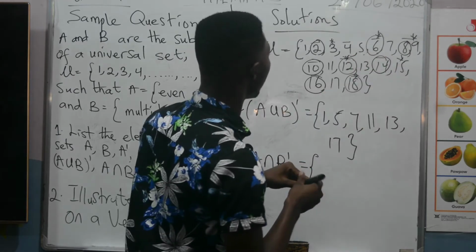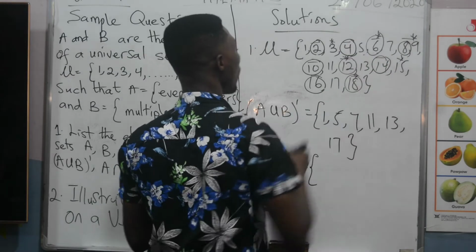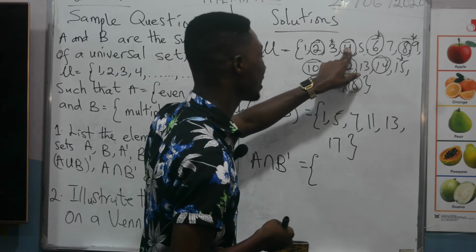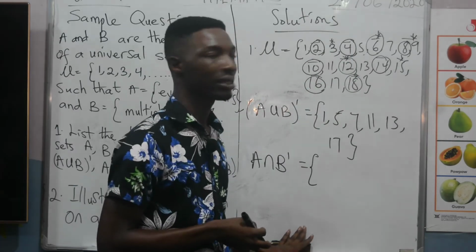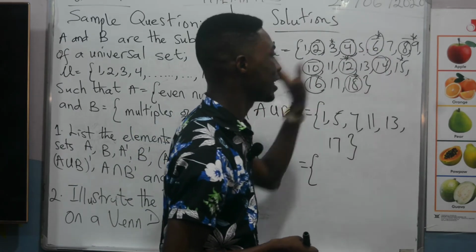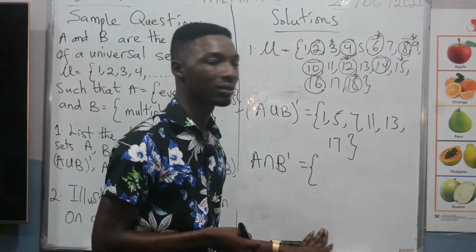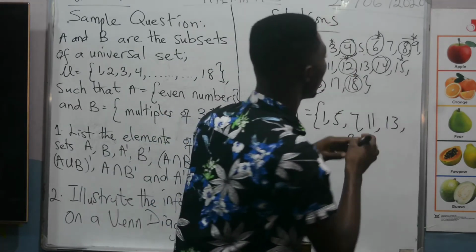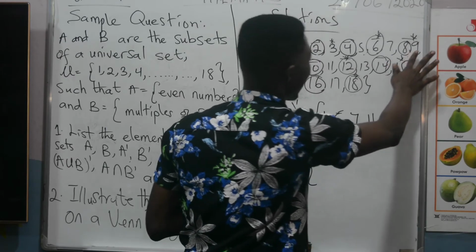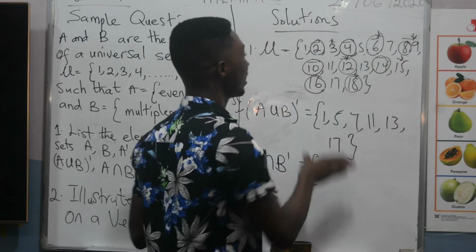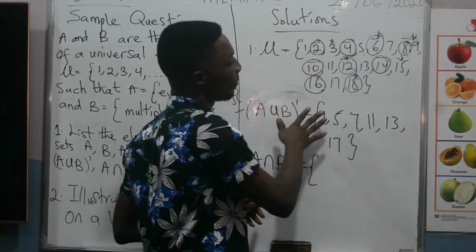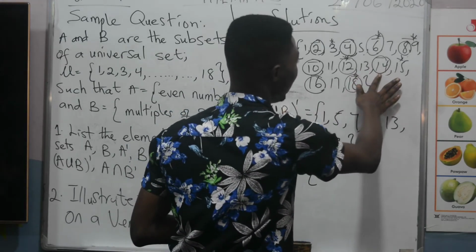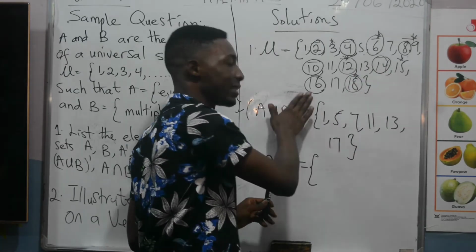We have 4 in A and at the same time in B complement. 6 in A and at the same time in B complement. 8 in A and at the same time in B complement. 10 in A and in B complement. 14 in A and in B complement, and 16.